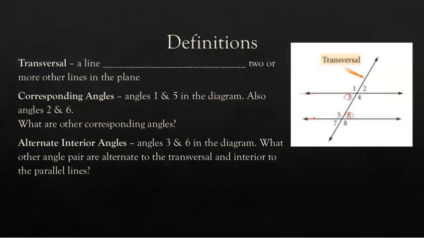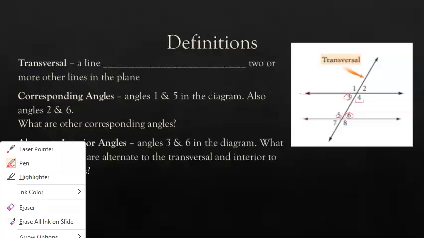So these are our parallel lines. Inside would be 3, 4, 5, and 6, and then alternate to the transversal would be 3 and 6. There's one more pair of alternate interior angles. Hopefully you've said 4 and 5. That is another pair of alternate interior angles.